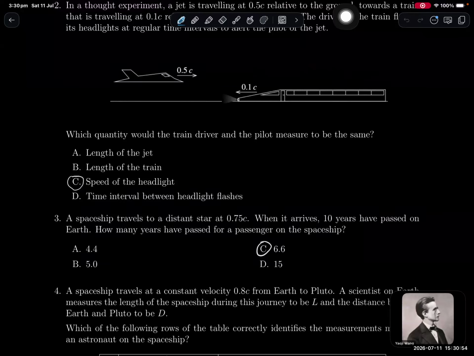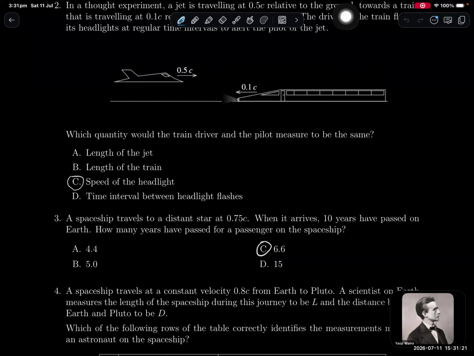Third question. A spaceship travels to a distant star at 0.75 times the speed of light. When it arrives, 10 years have passed on Earth. How many years have passed on the spaceship? So 10 years is the dilated time, because Earth measures dilated time, and on the spaceship we measure proper time.